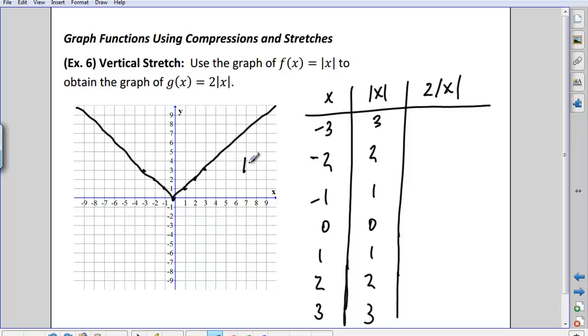So that's absolute value of x. Now, if I do 2 times the absolute value of x, I'm basically just doubling the absolute value of x, right? So this would be 6, 4, 2, 0, 2, 4, 6.